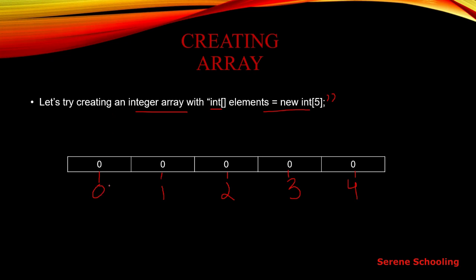So array indexing starts from 0, and it goes up to length minus 1. Here our length or size is 5, and it went up to 4. So the last index is length minus 1. So you can't go outside it. You can't access the fifth element since there is no fifth index. So you have to remember this, and you can store any value here.